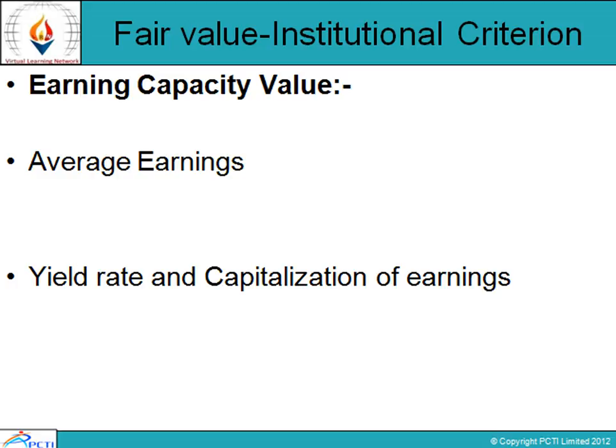When we talk about earning capacity value, the first one is average earnings. These average earnings are basically the past 3-year average of profit after taxes, less preference dividend, with the fluctuations in trade and industry taken out.